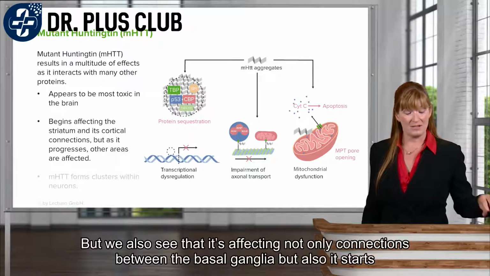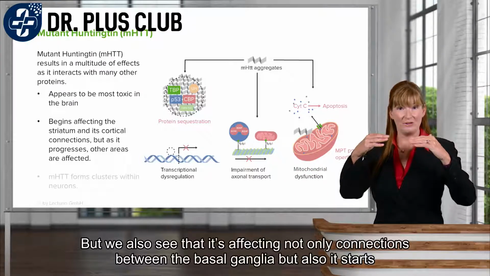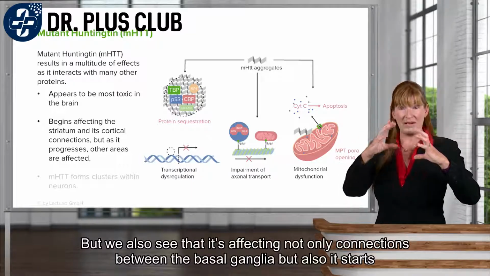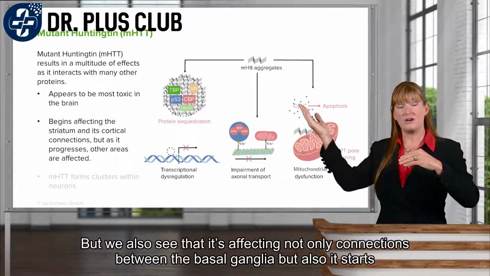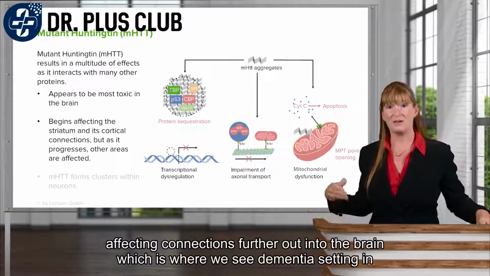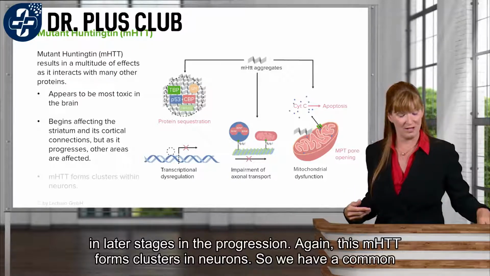But we also see that it's affecting not only connections between the basal ganglia, but also connections further out into the brain, which is where we see dementia setting in later stages in the progression.